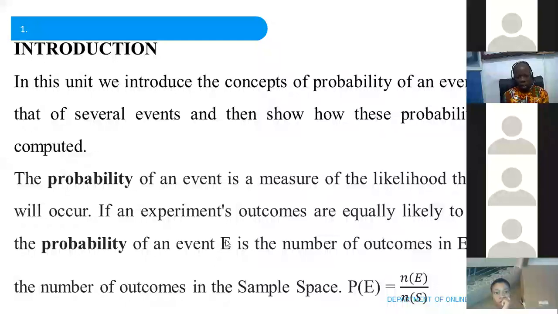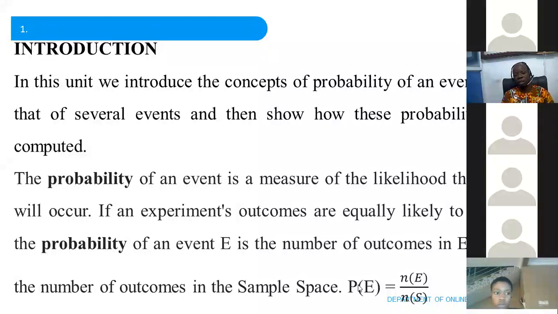So if you want to find the probability of that event, that is, you want to find the likelihood of something happening, we say that event is E, and n(E) is the number of outcomes in E, that is the number of possible ways of that particular event happening, divided by the number of outcomes in the sample space.